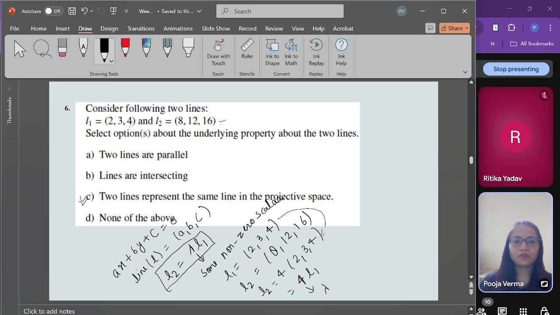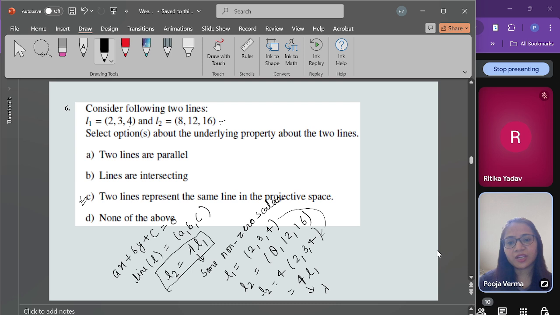Okay, so have you understood this question? Can we move to the next question? Yes, ma'am. Okay, two lines are parallel, that is also true, I think. That can be. Lines intersecting, cross product to be zero.